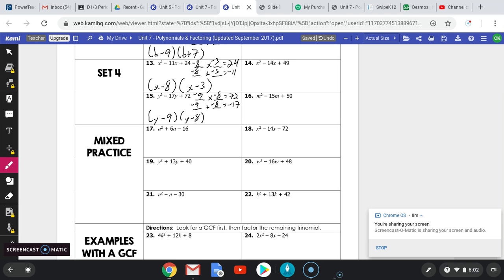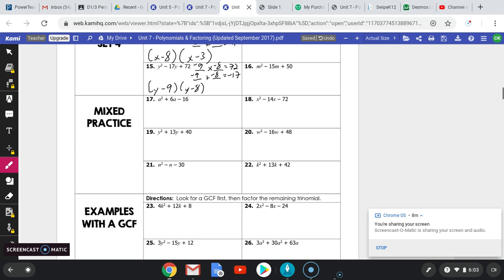So the hardest thing here is to just figure out your multiplication table. If you don't know your multiplication tables, I would suggest reviewing that for yourself, because it'll make life a whole lot easier. So before you move on, I just want you to try 17, 19, 21. Pause the video, and then unpause it to check the answers.